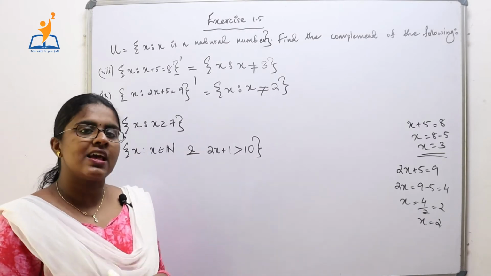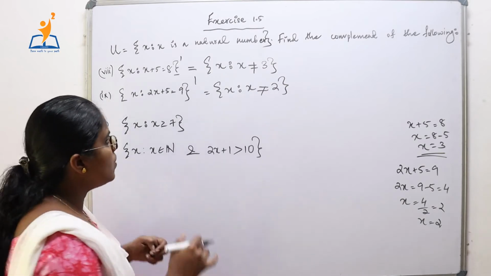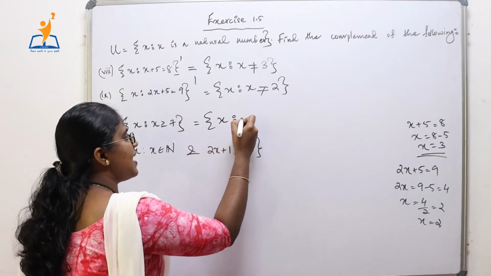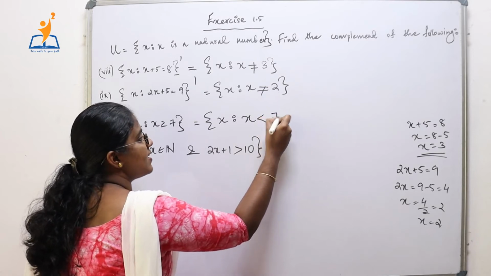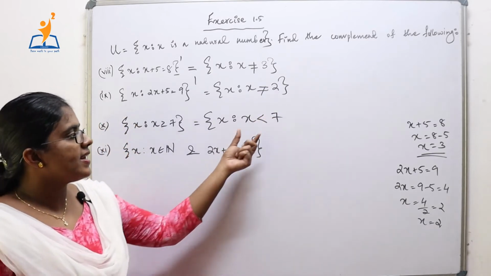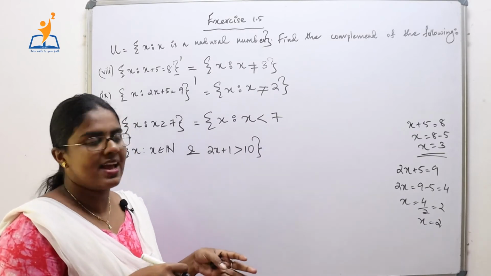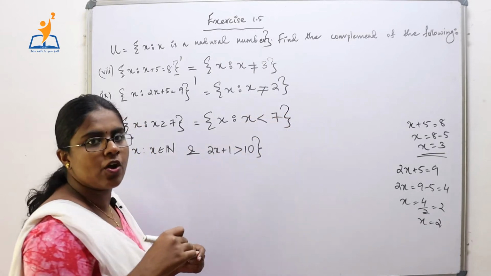Now, we have the set of all x such that x is greater than or equal to 7. So, it contains the elements 7, 8, 9, 10 and so on. So, its complement will be the set of all x such that x is less than 7, which means it does not contain 7 but it contains the elements which are less than 7. Why does this set become the complement?